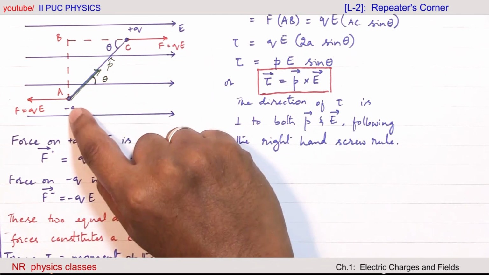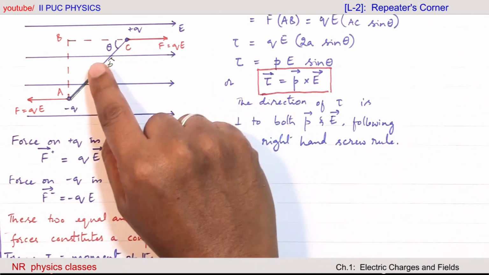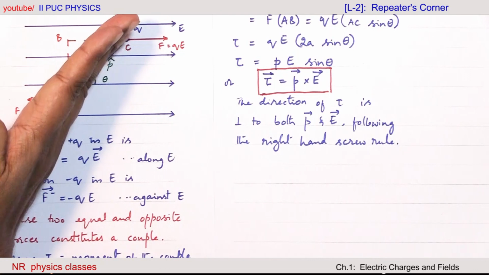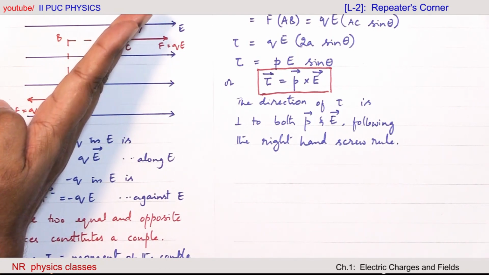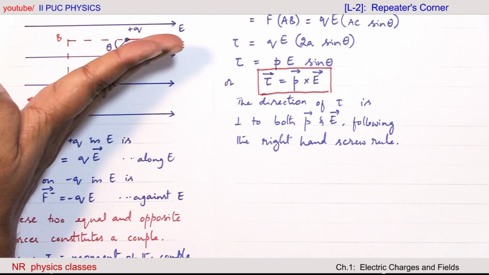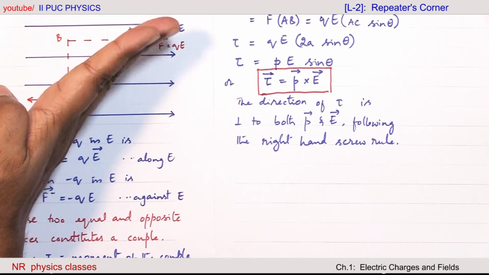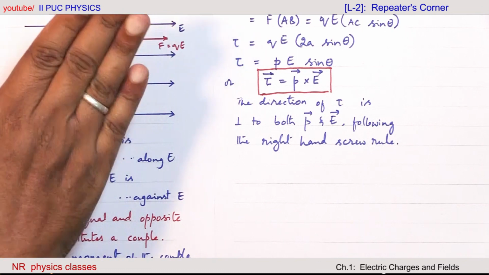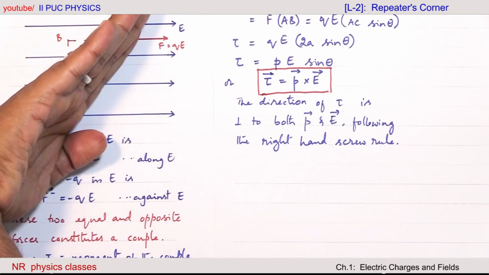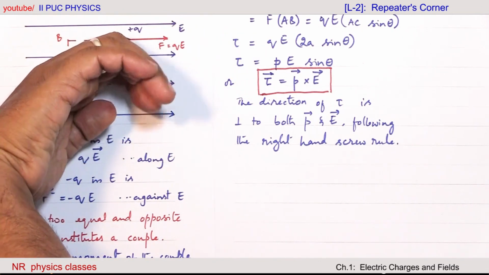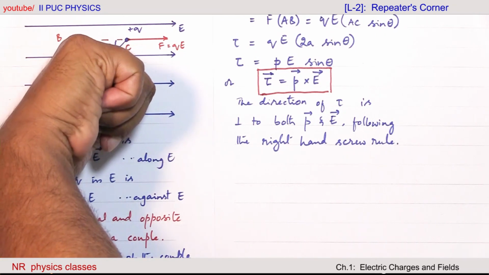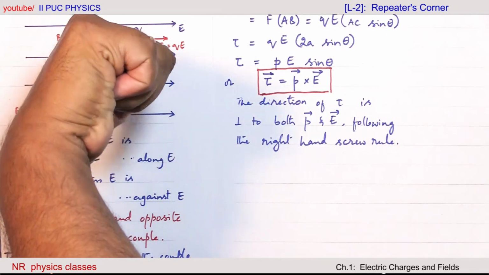Observe the diagram. The direction of P is this. Let me keep my fingers in the direction of P. I should bend the fingers towards E. I cannot bend like this. I can, but this is not the way to bend, right? So, change the direction. Now bend it. Curvature of the fingers should be in the direction of E. Open the thumb.